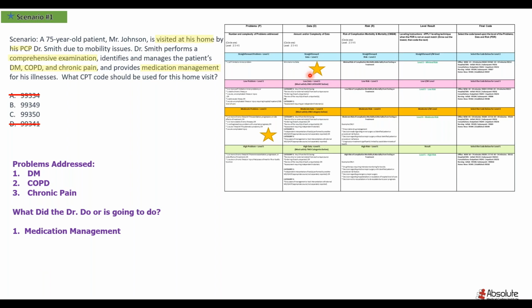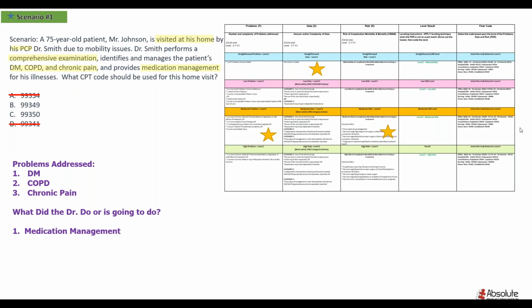And next, coming to the risk, where does it fall? There you go. Risk falls in moderate, because there's a prescription management, a medication management, that has been performed.